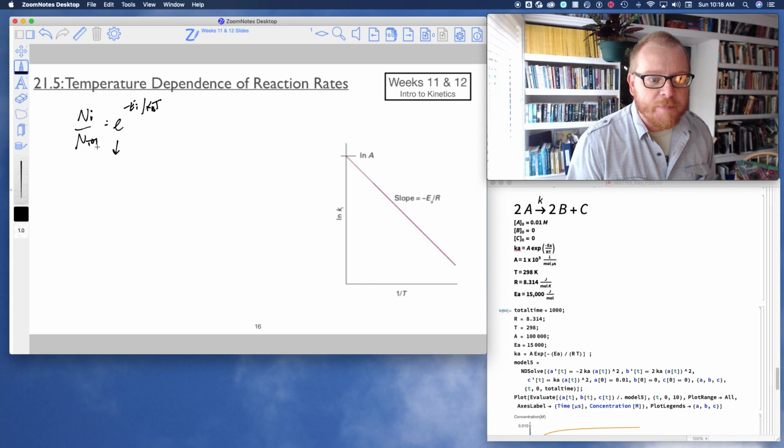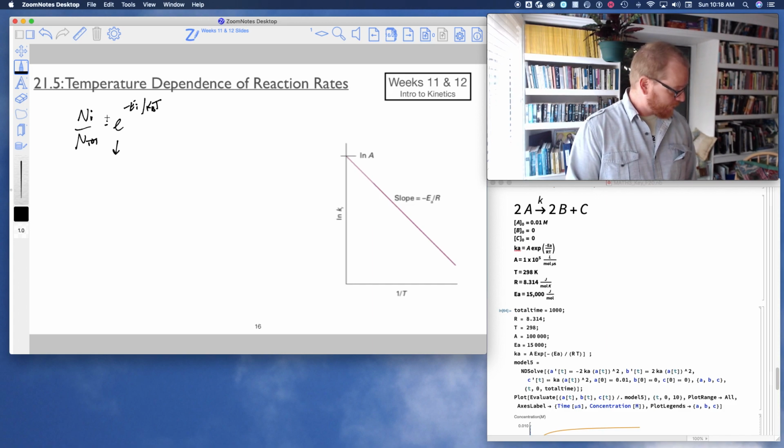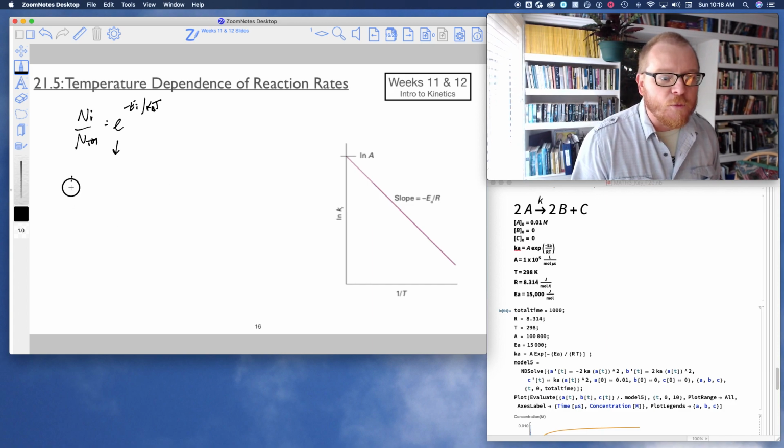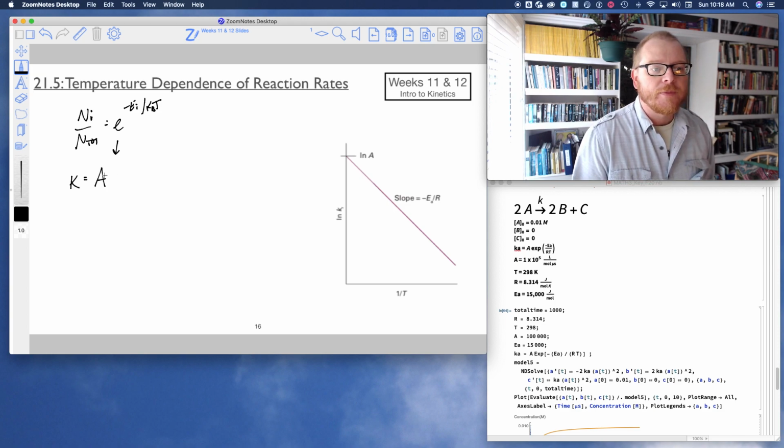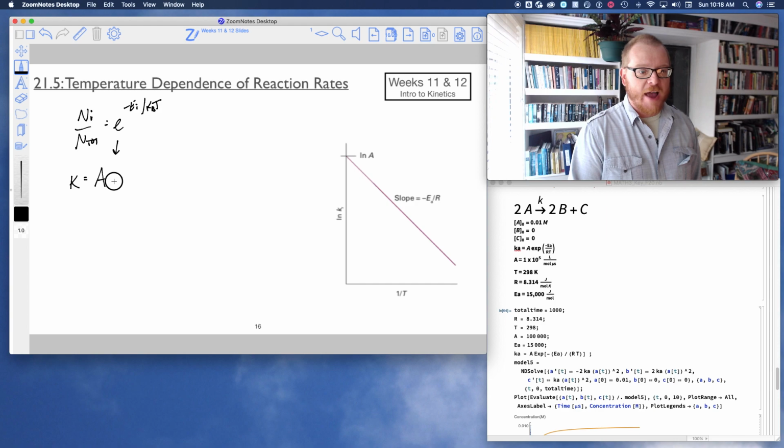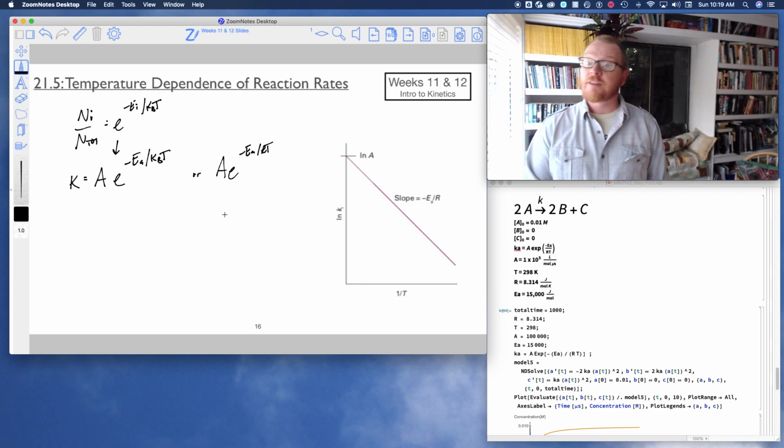But if we base this off this partition function, then we come up with the following, that a rate constant, k, equals what I'm going to call the frequency factor times e to the negative EA divided by k Boltzmann T. Or A times e to the negative EA divided by RT, depending on the units.